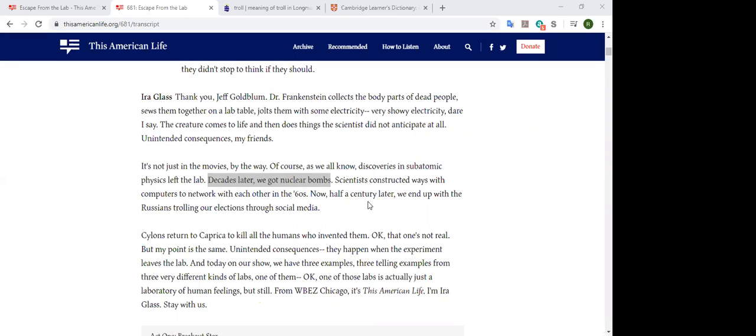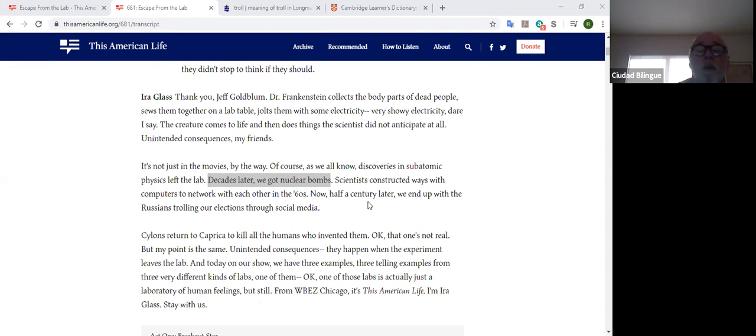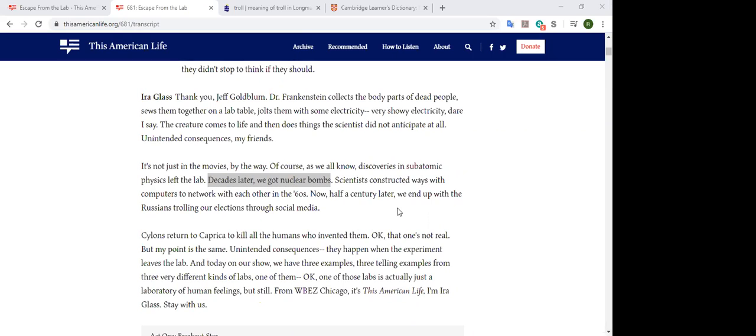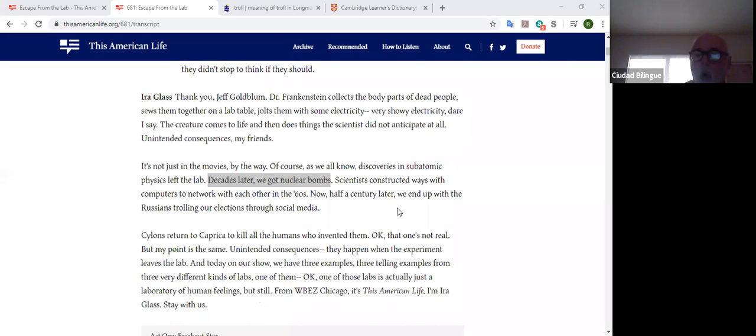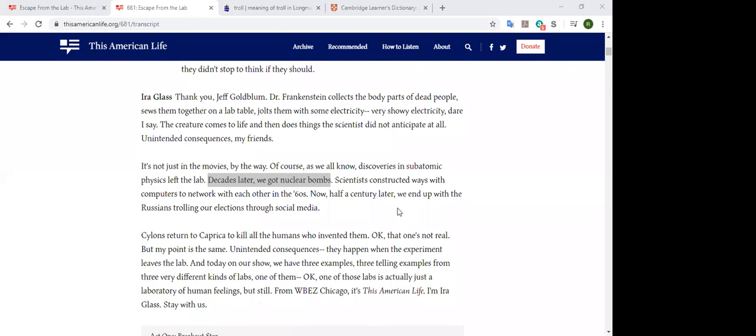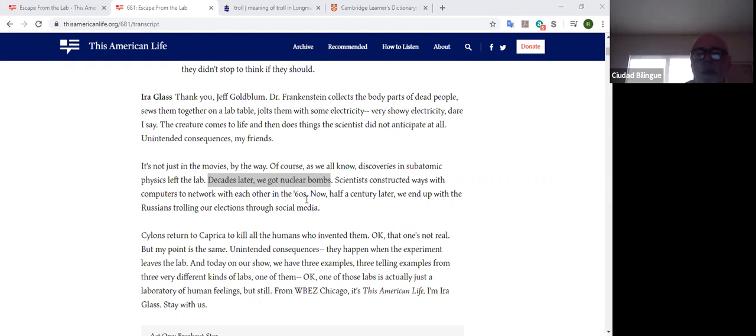No, nuclear bombs is right. But for the very last question, give me the whole sentence. So what did we get decades later? We got nuclear bombs. Decades later, we got nuclear bombs. The whole sentence. Decades later, we got nuclear bombs. Good.